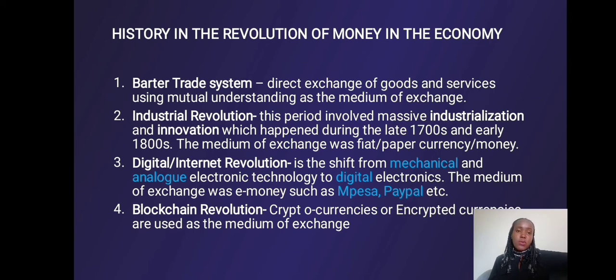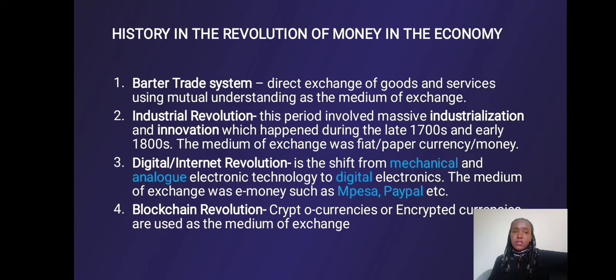Number three, we had what we call the digital or internet revolution, which was based on e-currency or e-money as a medium of exchange. Number four, we have what we are going to talk about today, the blockchain revolution, which is based on cryptocurrencies or encrypted currencies as a medium of exchange.